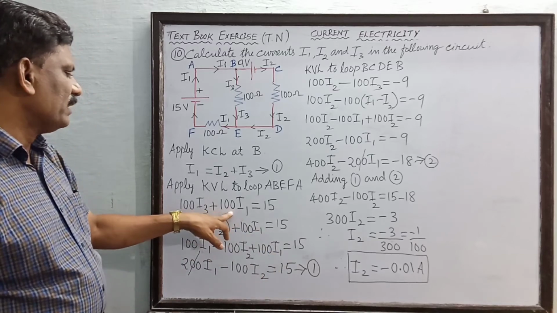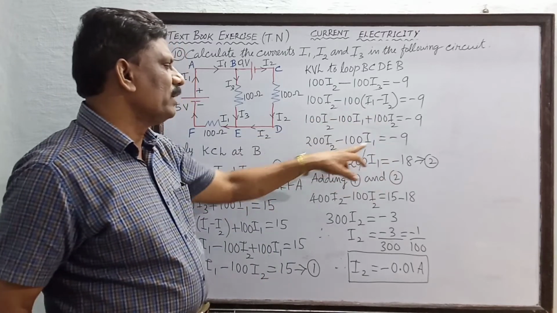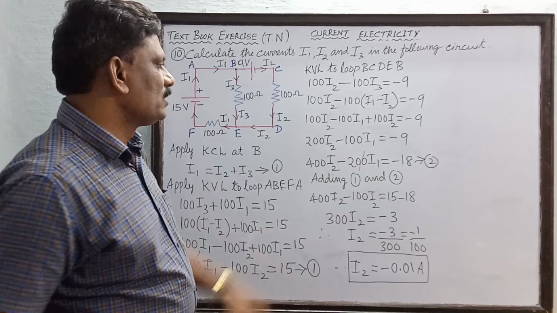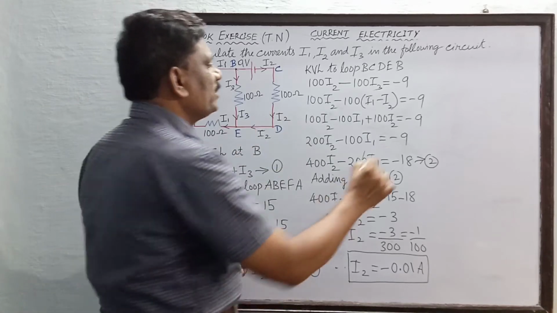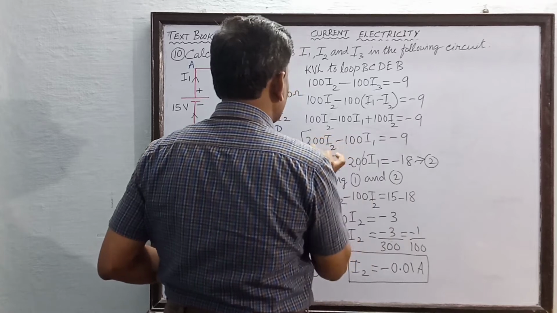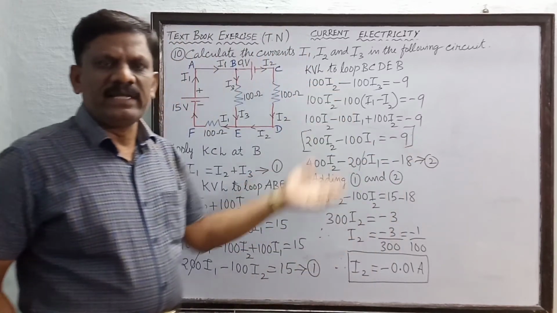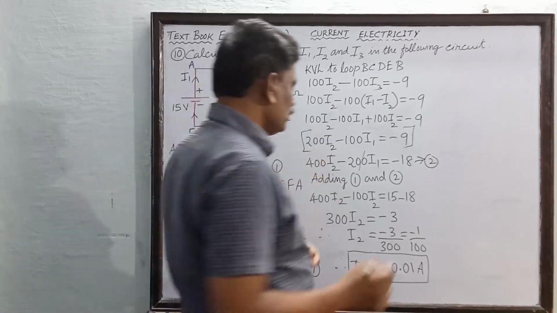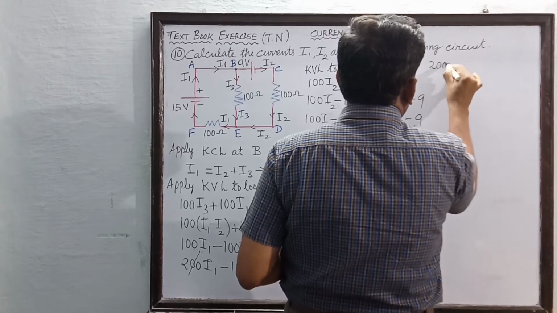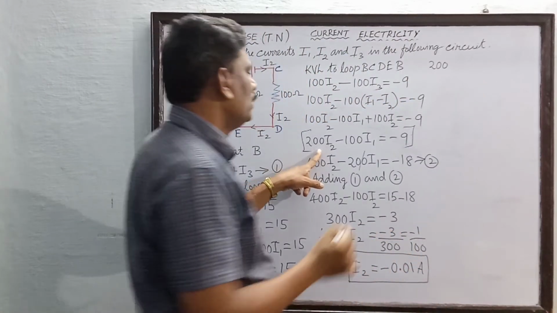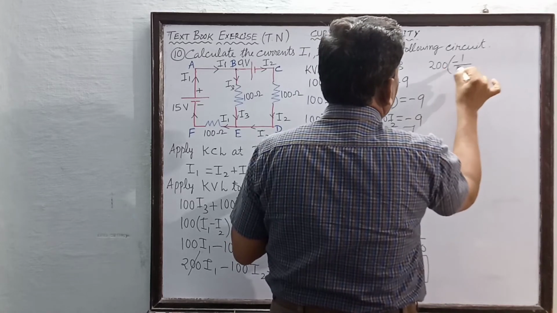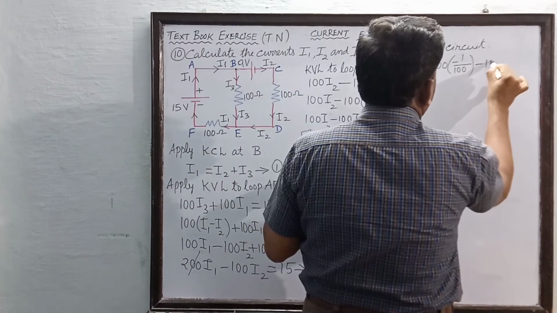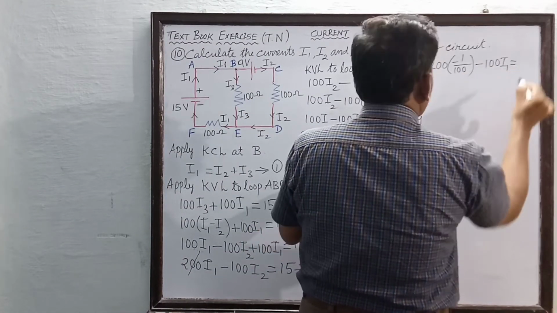Now in any one of the earlier equations, if you substitute for I2 equal to 0.01, the current I1 can be calculated. So I am going to consider the simplest equation, this equation involving I1 and I2. So I am going to substitute the I2 value here. So 200 into minus 1 by 100 ampere, minus of 100 I1 is equal to minus 9.